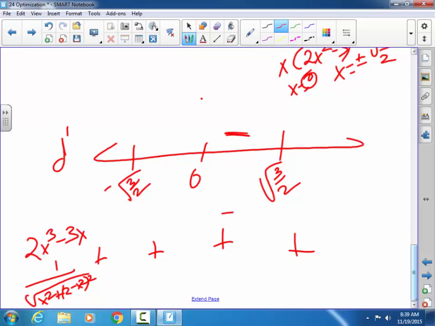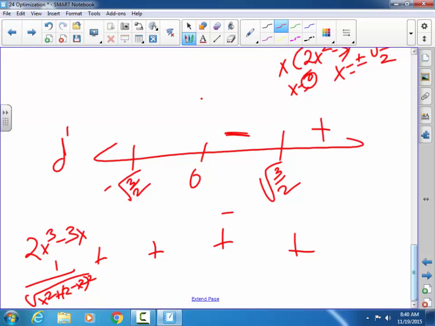So the function is decreasing from 0 to there. What happens if we put a number bigger than square root of 3/2? 4. Okay. 4 cubed is 64, is 128 minus 12. That's obviously a positive number.